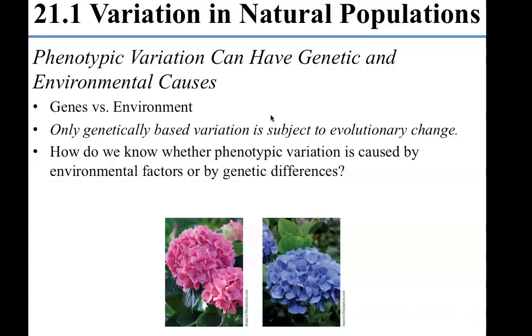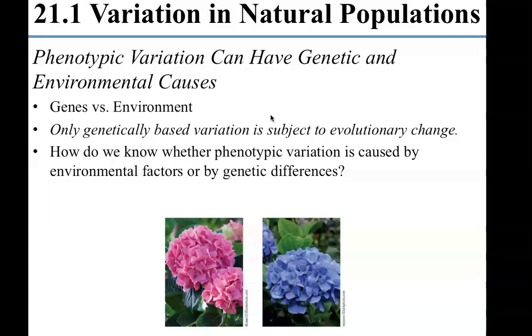It selects for genes or alleles that are beneficial and selects against genes or alleles that are not beneficial. And so we're really just interested in the genetic makeup or the phenotypic aspects of a population that are linked to genetics, because that's the information that evolution is going to act on to create changes. So how do we know?